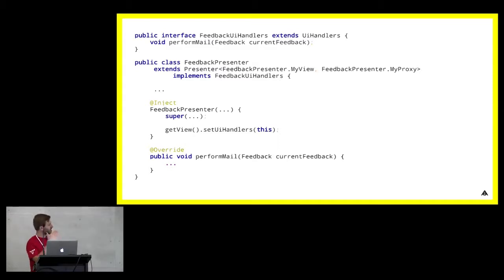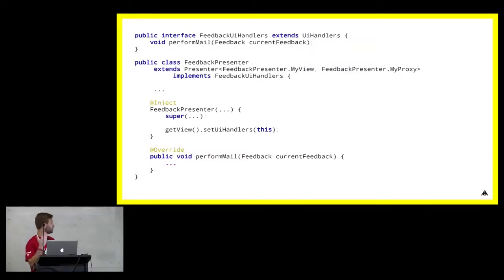Then it sends the feedback object, which is, in this case, because it's using the editor framework from GWT. So basically, when you flush the data, you send that back to the presenter so that it can perform whatever it wants to do with the feedback object.